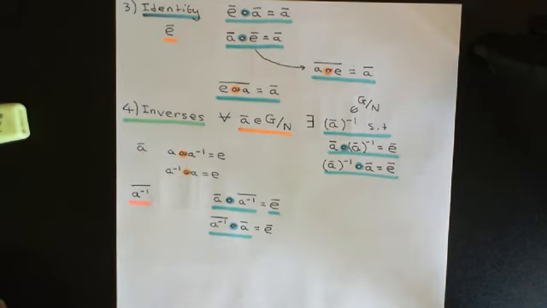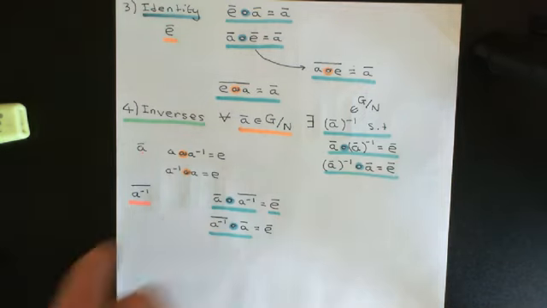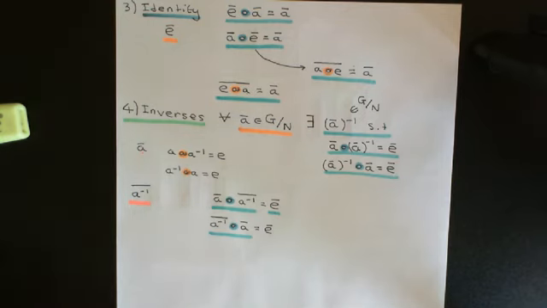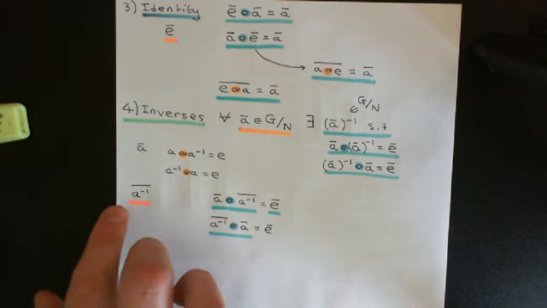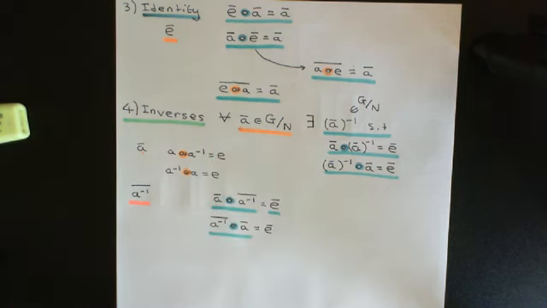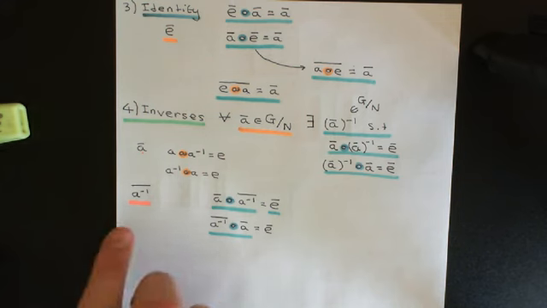Okay, so if you want to know what is the inverse element within the quotient group of a coset A bar, quite simply find the coset that contains the inverse element for little a, basically. Find the coset containing A inverse.